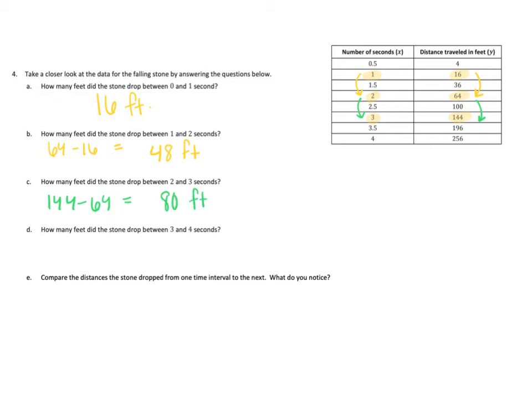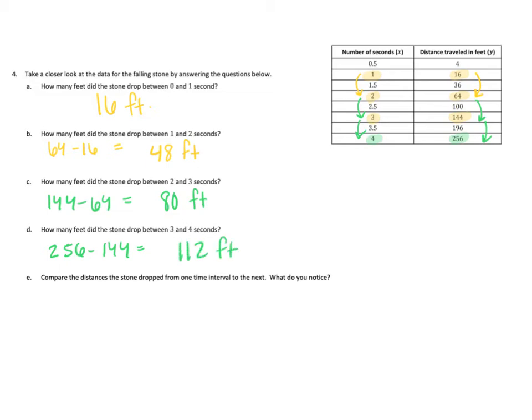It's gaining what we call momentum. Okay. Next one, how many feet did it drop to 4 seconds? And we're going from 144 to 256. I'll subtract those to find the difference, and in my calculator, that comes out to 112 feet.